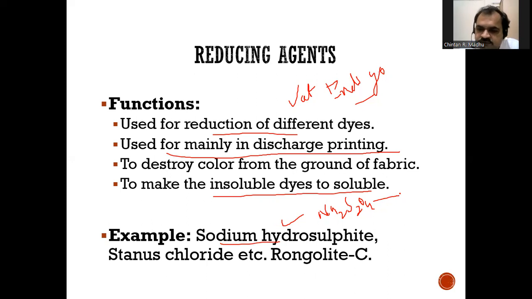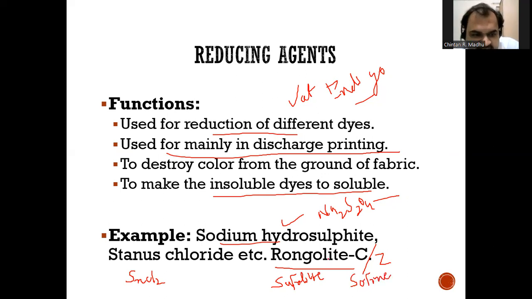So Na2S2O4 is sodium hydrosulfite and it is also sodium dithionite. Stannous chloride, SnCl2, is used for color discharge. We also use rongalite C or rongalite Z, also known as sapolite or sapoline.